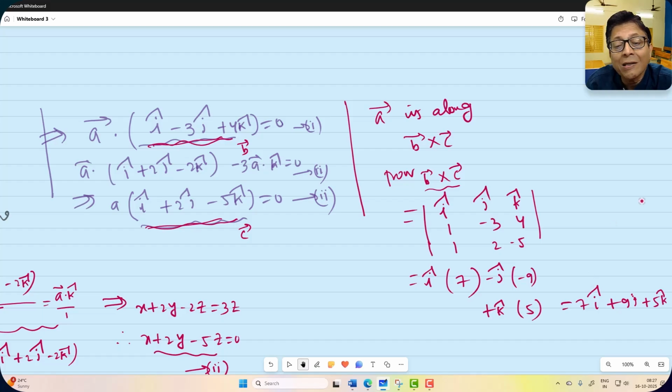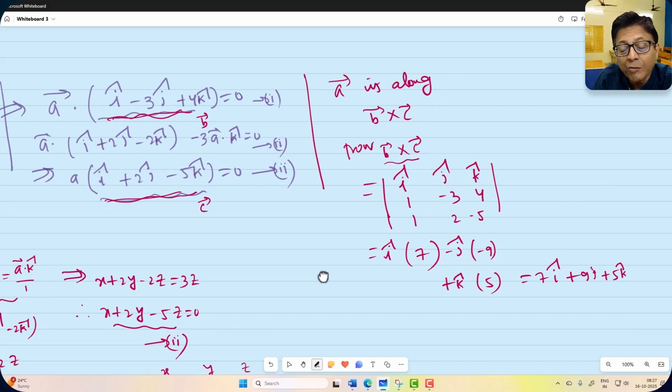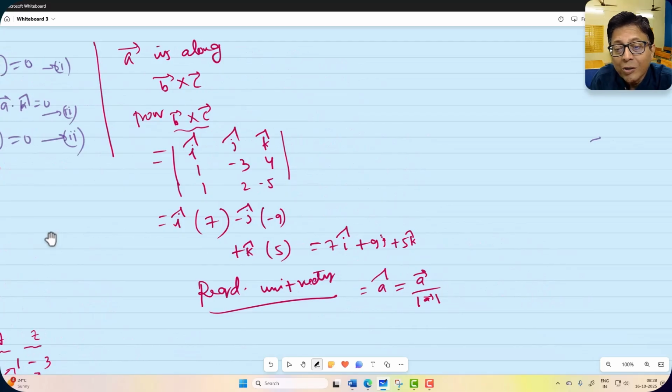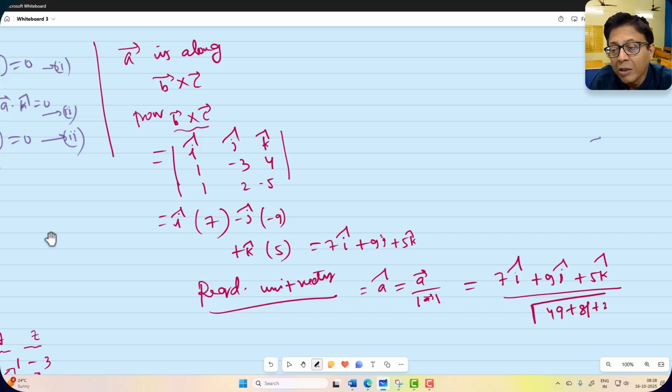So required unit vector is going to be what? Required unit vector will be equal to A cap, which is nothing but A by mod A. Okay, A vector you got, so you substitute there, it will be 7i 9j 5k divided by under root 49 81 25.